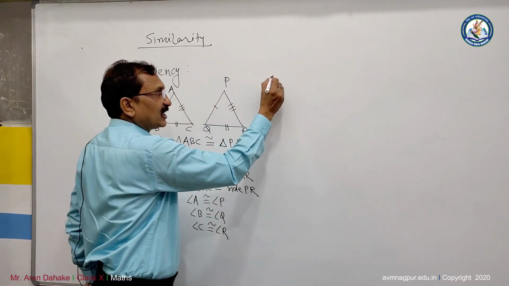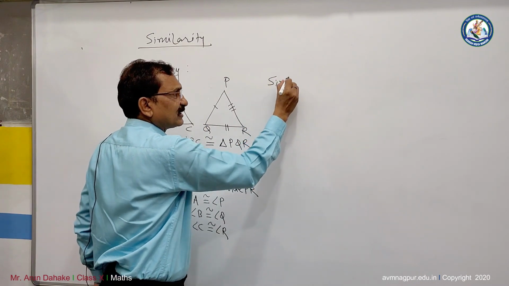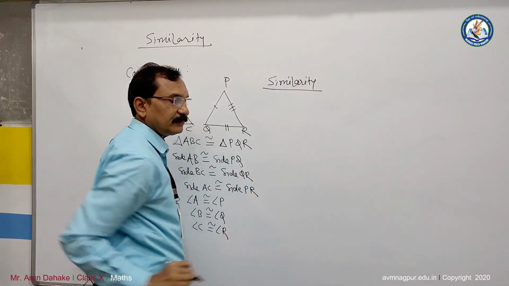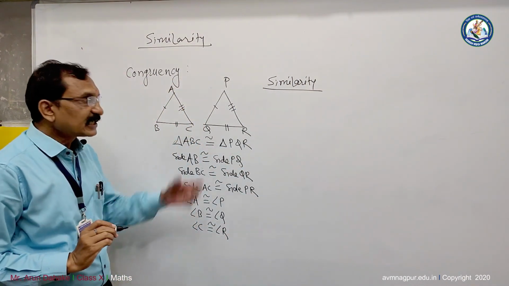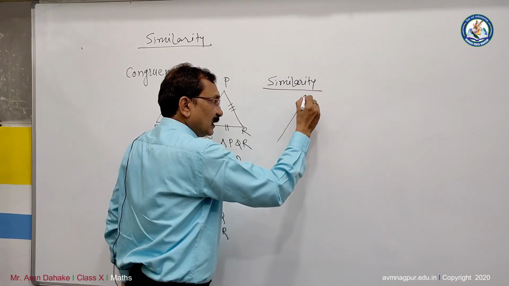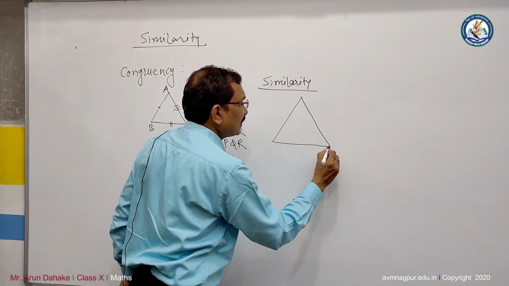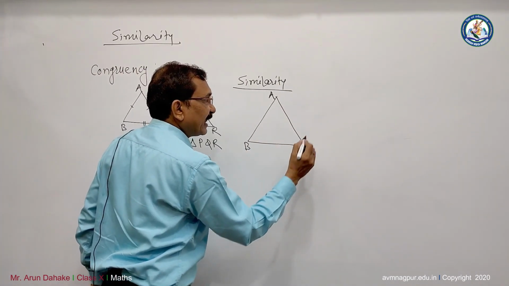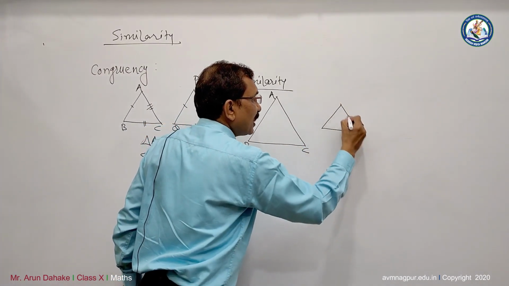Now the next definition is similarity. See what is the difference between similarity and congruency. Similarity means what? The figures which have the same shape. This is triangle ABC and the second triangle is PQR.